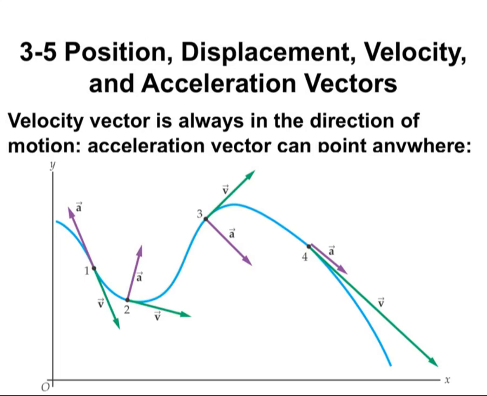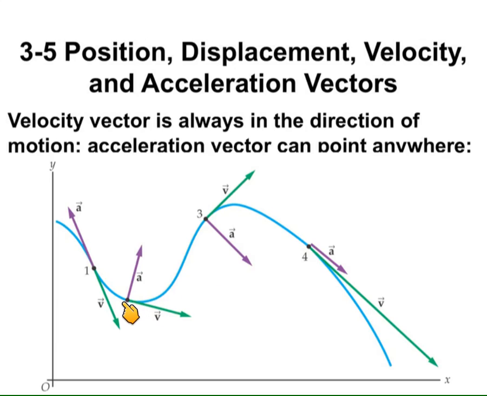Okay? Right at the second point, the acceleration vector is perpendicular to the velocity vector. What happens in there? The speed is not changing at that point, but the direction is changing. Okay? You can easily see this. Right after this point, if you draw a tangent line to the blue line, it will be another direction. It will be like this.